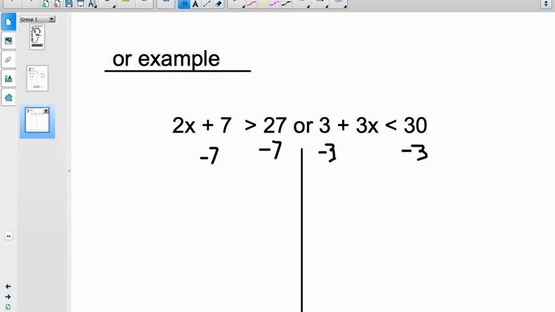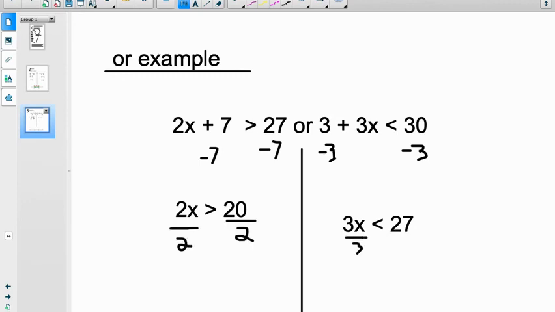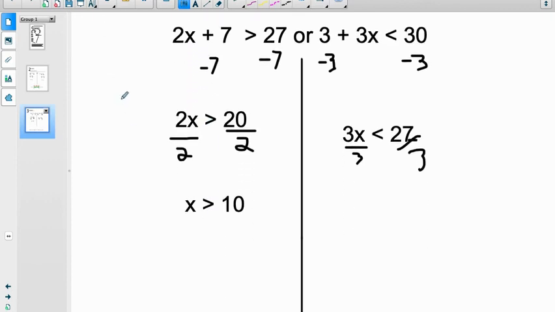When we do that, we get 2x is greater than 20, and 3x is less than 27. Next step is divide by 2 on both sides in the left, and 3 on both sides on the right. When we do that, we get x is greater than 10, and x is less than 9.